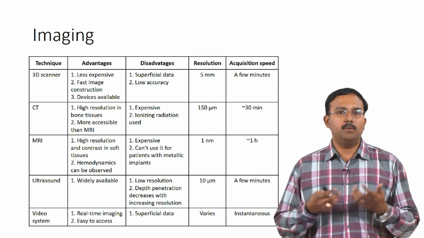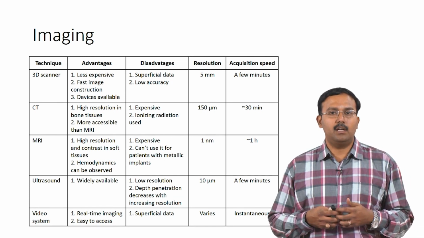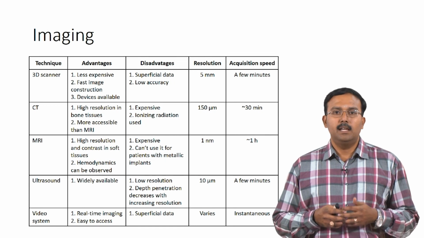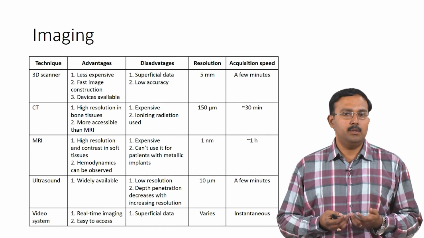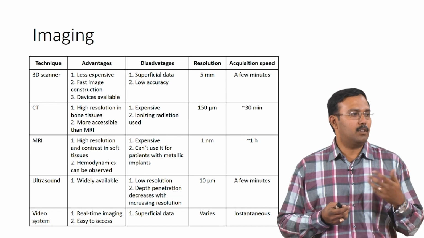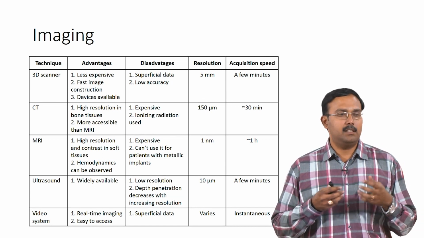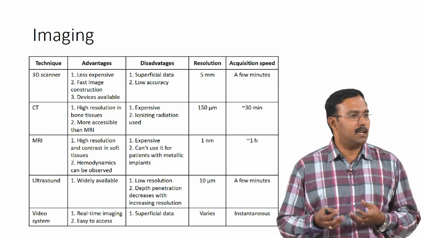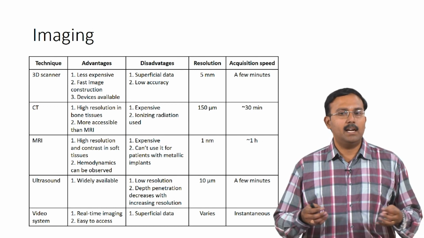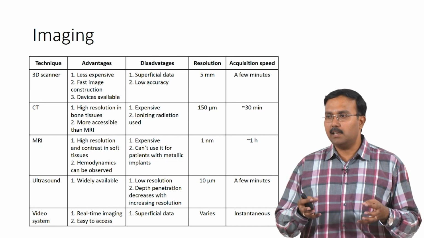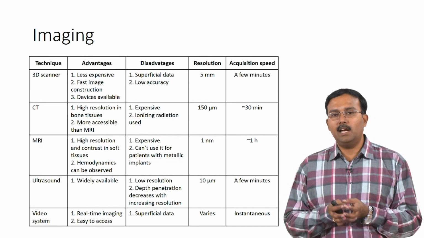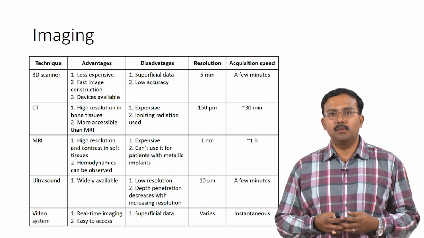So you can do MRI or ultrasound. MRI is very high resolution, and using a contrasting agent in soft tissues, it can help you study the hemodynamics as well. You can identify where the vascular network is and try to emulate that while preparing the scaffold.